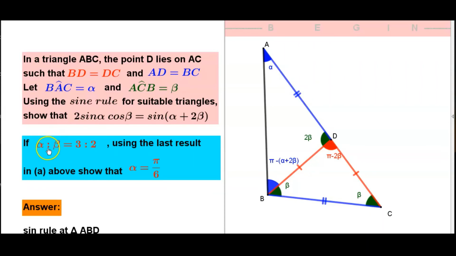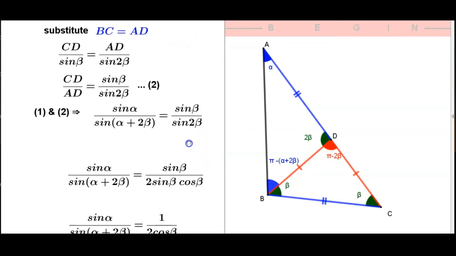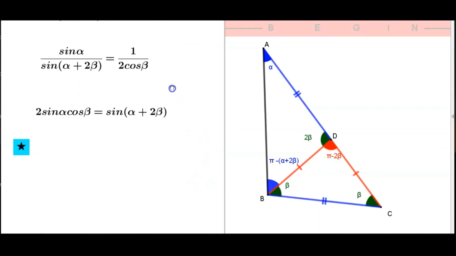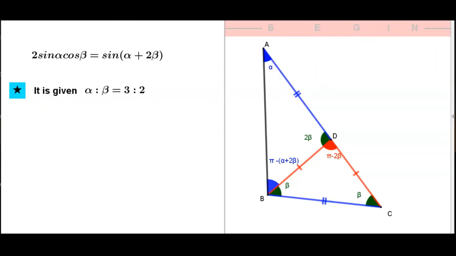Next part, alpha is to beta, 3 is to 2. Given alpha to beta is equal to 3 is to 2, therefore alpha over beta is equal to 3 by 2. So beta is equal to 2 alpha by 3.